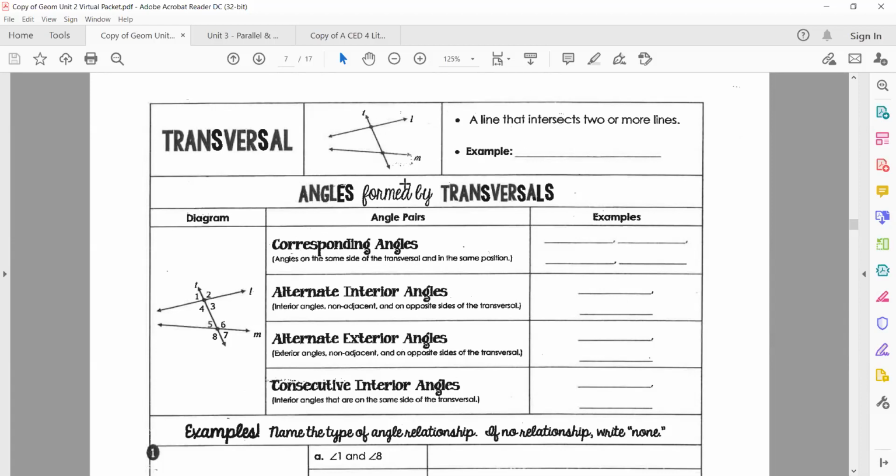So at the top of the page, the example is line T. That line goes through line L and line M. So the transversal is line T. What they've done here is brought the same example down in this diagram and put it next to these four definitions: corresponding angles, alternate interior, alternate exterior, consecutive interior.